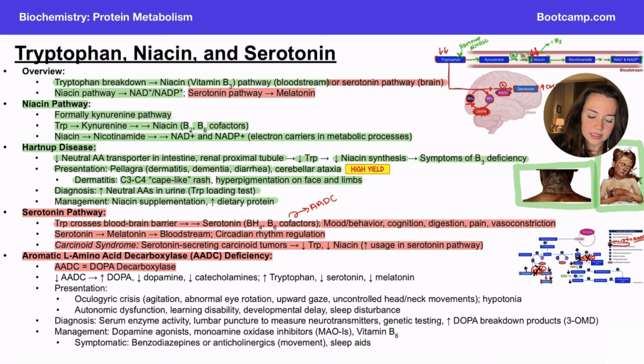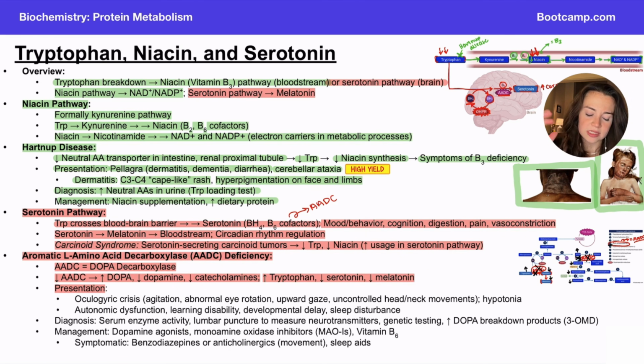A decrease in AADC will cause an increase in DOPA upstream of that AADC enzyme, and a decrease in the downstream dopamine and catecholamines. That was because AADC was implicated in the phenylalanine breakdown pathway. And then from the tryptophan perspective that we've been talking about in this video, we'll see an increase in that upstream tryptophan and then a decrease of the downstream serotonin and melatonin.